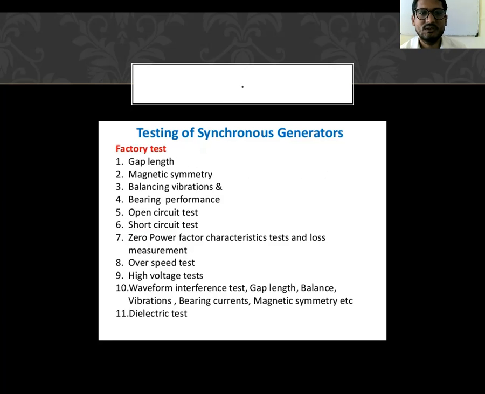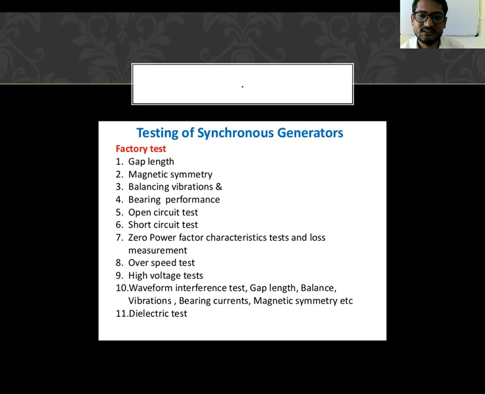So for testing of the synchronous generator, when the machine is in the factory, there are some factory tests carried out on the synchronous generator. Number one is gap length, two is magnetic symmetry, three is balancing vibration, four is bearing performance, five is the open circuit test, that is the OC test.